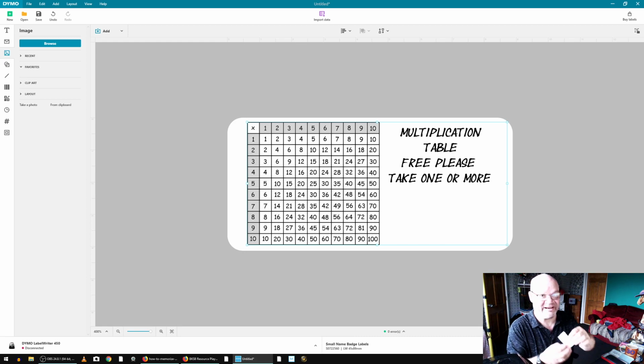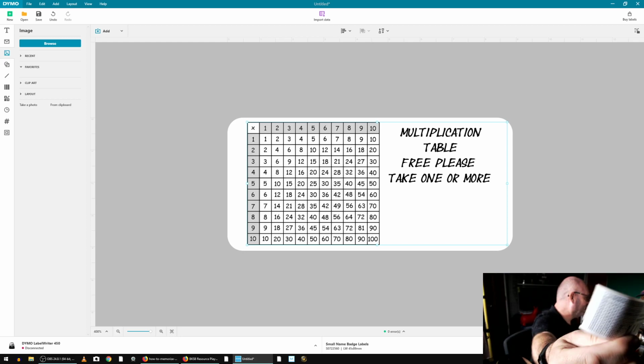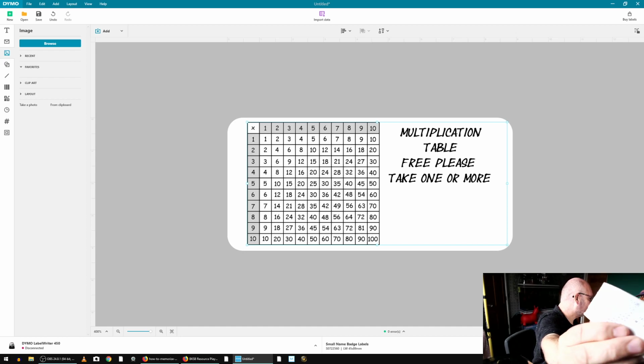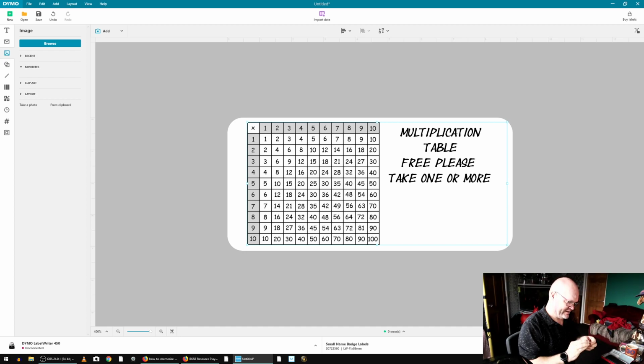That, my friend, is so tiny, but will be absolutely awesome. I can't even see that. There you go. I doubt you can read that. That is so tiny.